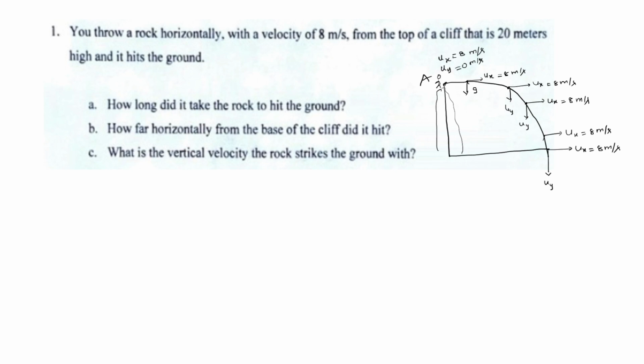And when we are calculating vertical components like height and vertical direction velocity, we need to confine ourselves to the vertical direction components. Now, he is asking how long did it take the rock to hit the ground. That means he's asking us to find the time it takes to hit the ground. Now, let me take along the vertical direction.